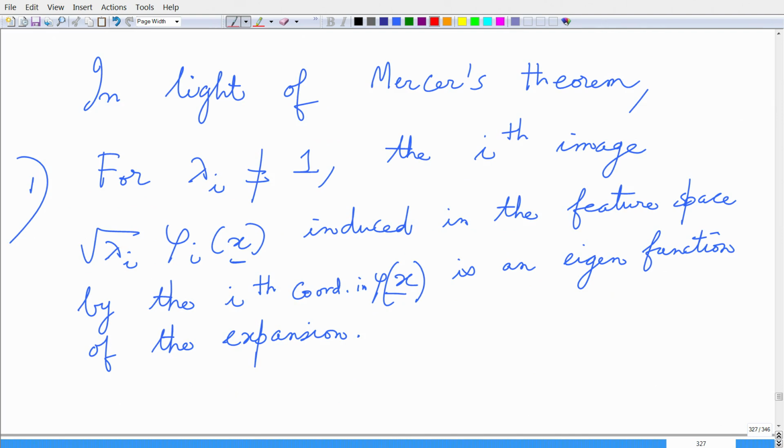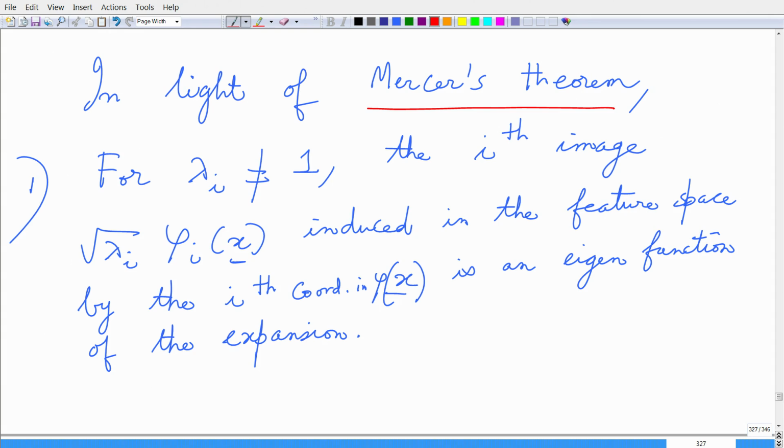Now, what is the link with Mercer's theorem and what we are trying to do here with these inner product kernels? In light of Mercer's theorem, for lambda I not equal to 0, the ith image, root lambda I phi I of x, is induced in the feature space by the ith coordinate in phi of x.